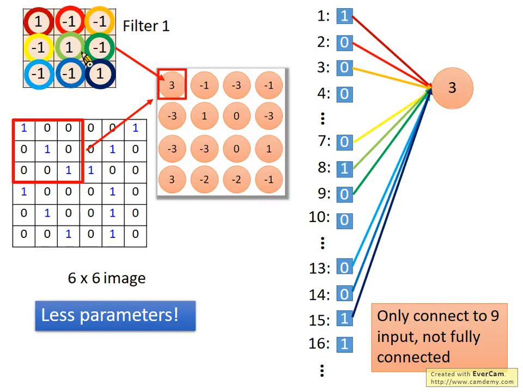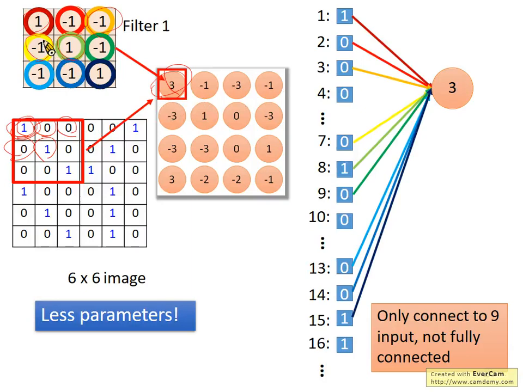After the convolution process, we finally get the result 3. Let's go into the detail of this calculation. Basically, the first pixel multiplies 1, the second pixel multiplies -1, the third pixel multiplies -1, and then 4, 5, 6, and the 7th pixel multiplies -1, the 8th pixel multiplies 1, and so on.